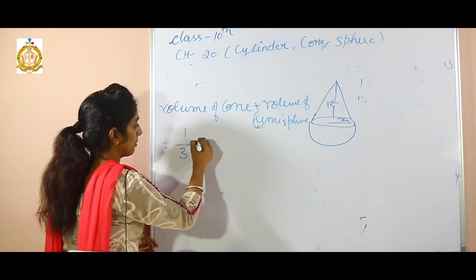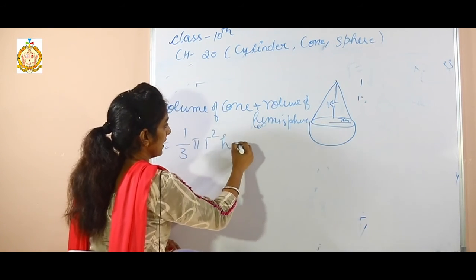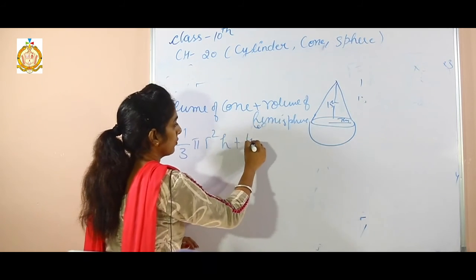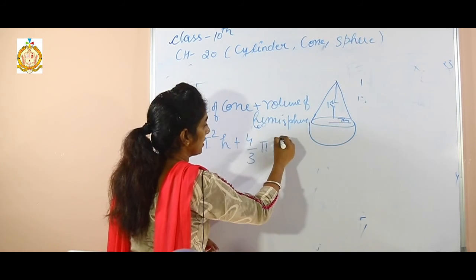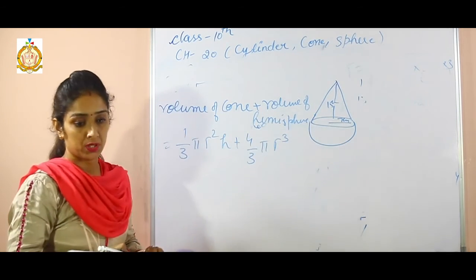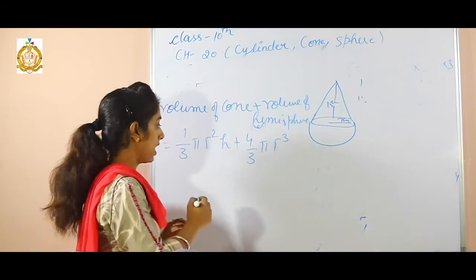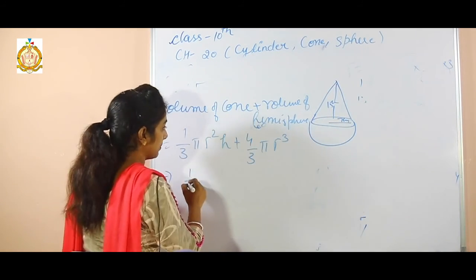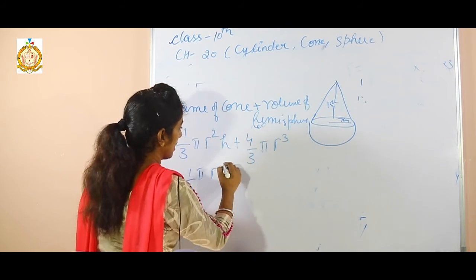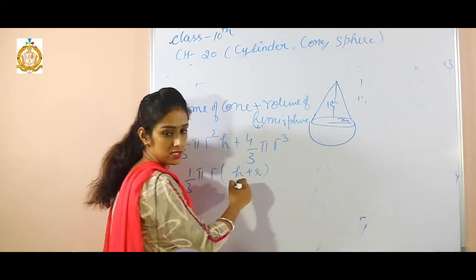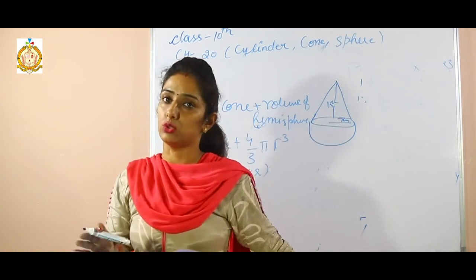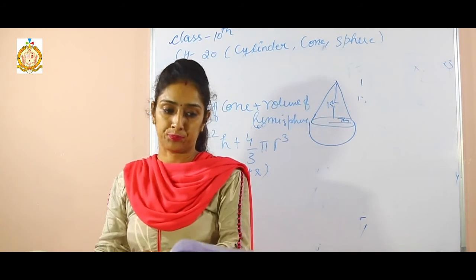Volume of cone is 1 by 3 pi r square h, plus volume of hemisphere is 2 by 3 pi r cube. After that we take 1 by 3 pi r square common, and here is h plus 2r. After putting in the values you get the answer.